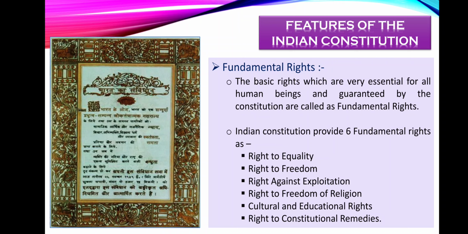One is right to equality, that everyone is equal before law. Whether it is a rickshawala or the president of our country, everybody is equal in front of law. There are many other things too. Article 15 says there will be no discrimination. Article 17 says there is abolishment of untouchability in our country.